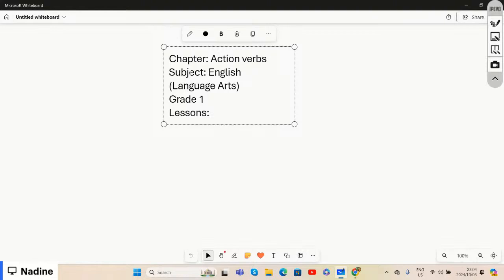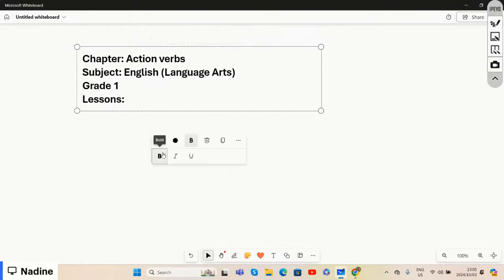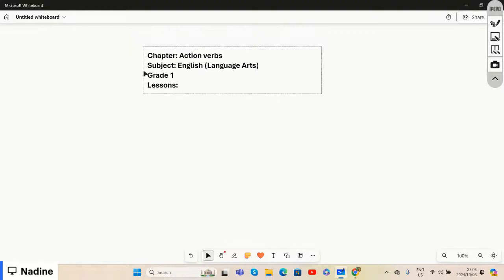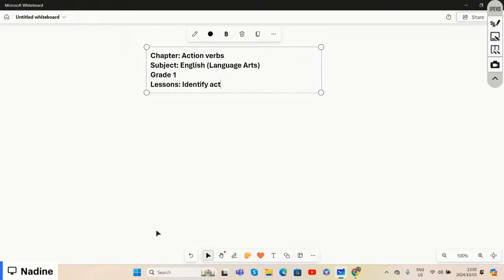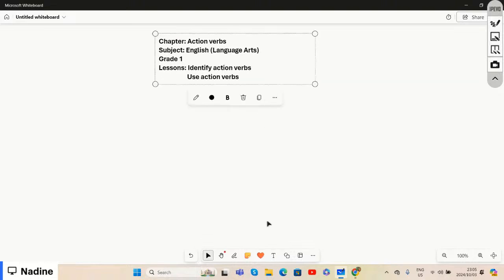And then the lessons that we are going to be focusing on today under the chapter of action verbs: we're going to use action verbs and identify action verbs. So that is going to be our lessons for today. We're going to identify action verbs and we are going to use action verbs.